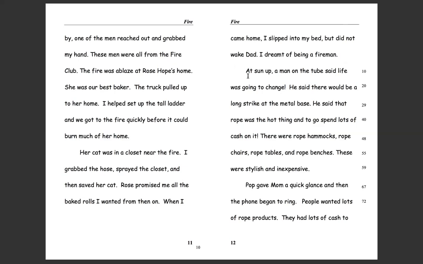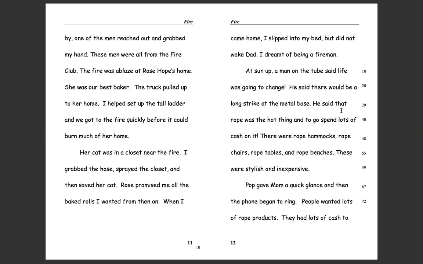At sunup, a man on the tube said life was going to change. He said there would be a strike at the metal base.